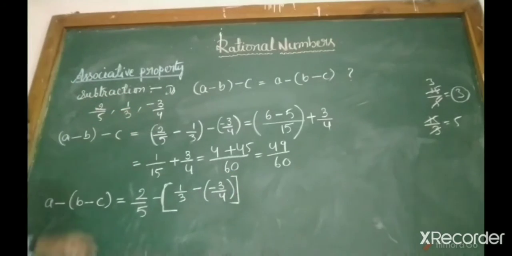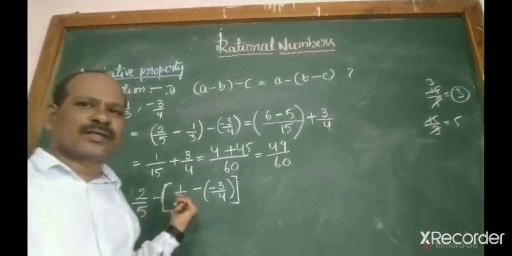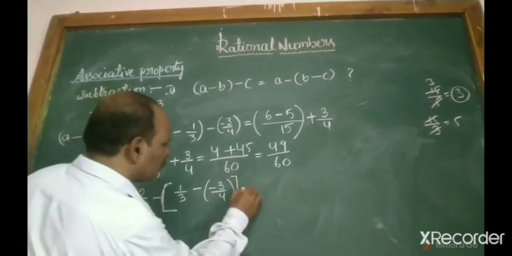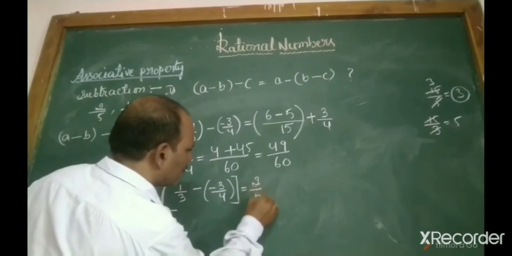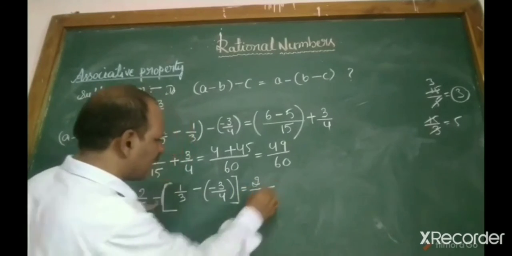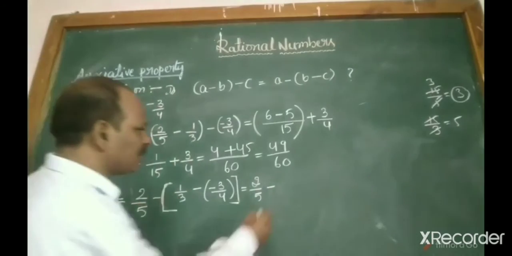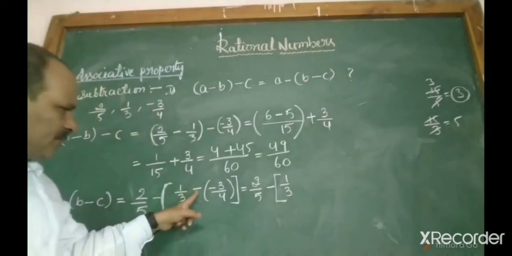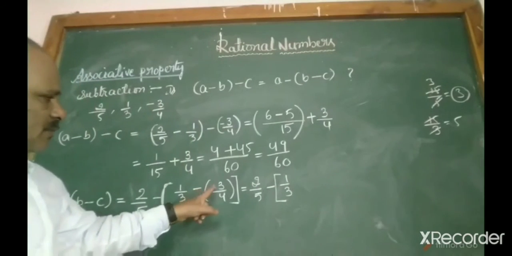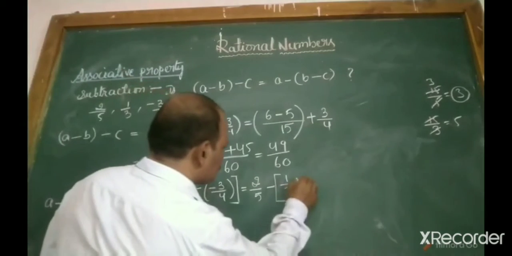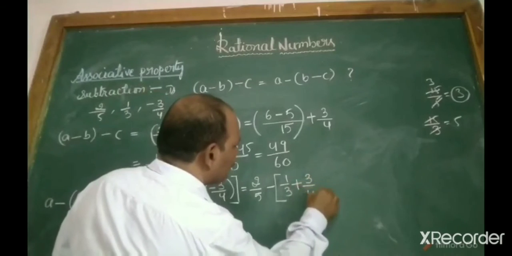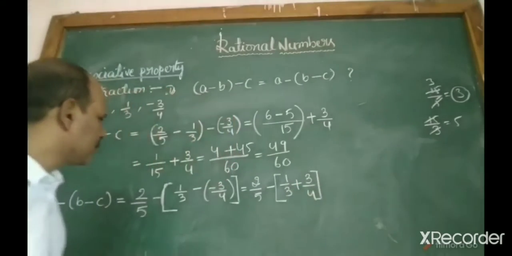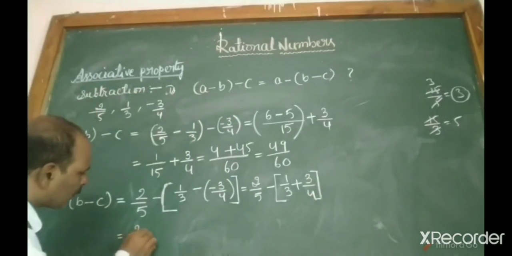I am closing the square bracket. Now let us do further simplification. 2 by 5 minus bracket 1 by 3. Again, this minus and minus into minus plus. So it is 3 by 4. Come to the next step. 2 by 5.